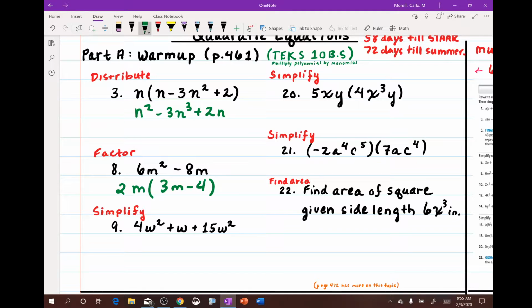Fully simplified. All right, now on number 9, we'll simplify. And the way that I do that is the first thing I do is I gather my like terms together. So that would be 4w squared plus 15w squared plus w. And then I add my coefficients, 4 and 15, to get 19w squared plus w.